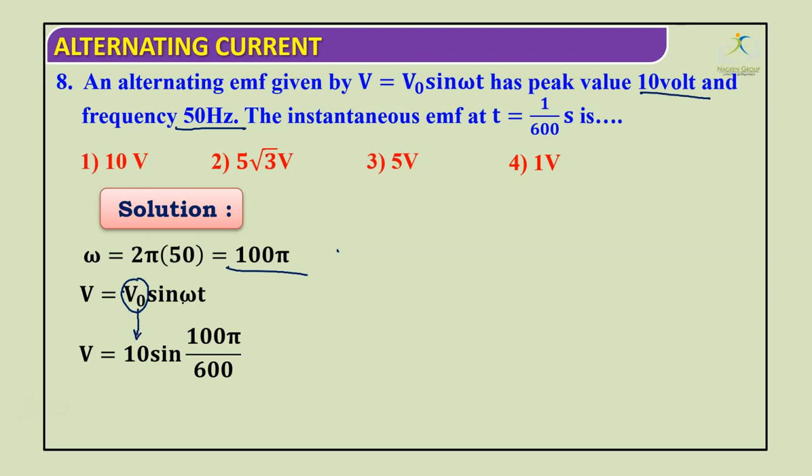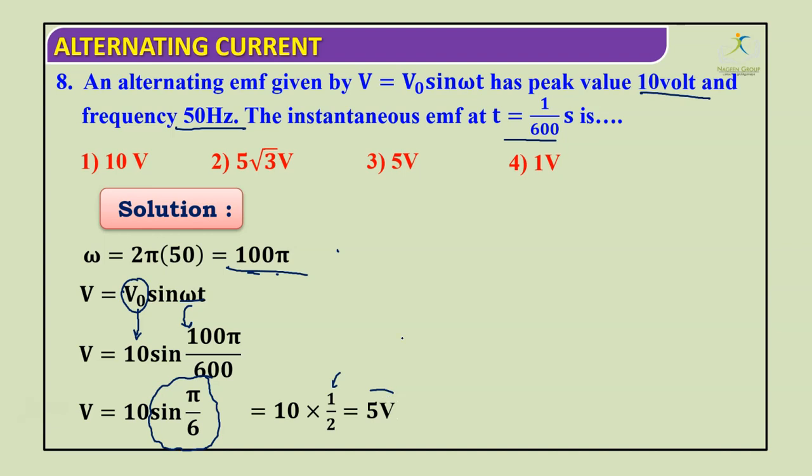Sine omega t we just calculated, 100 pi, and t is given 1 by 600. So the value comes 10 sine pi by 6. Now pi by 6 is sine 30, and the value of sine 30 is 1 by 2, or a half, and 10 times a half comes 5 volt.